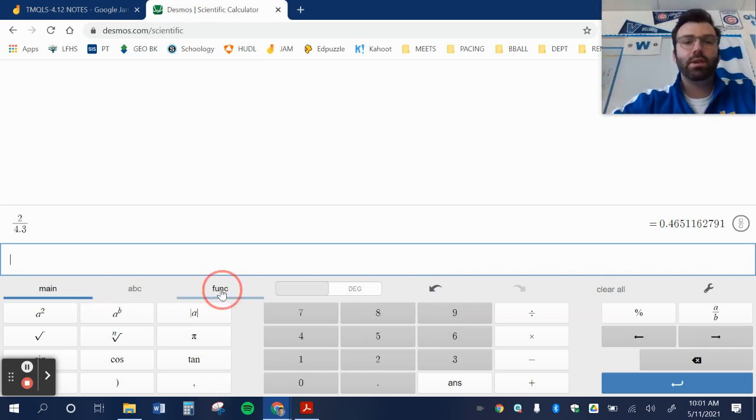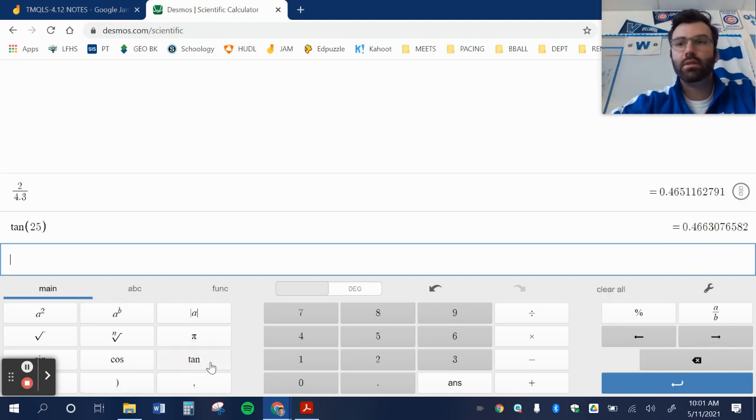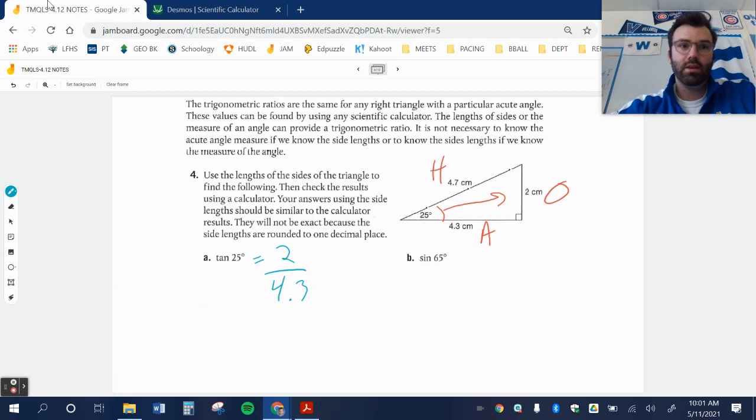Let's also click tangent of 25. They're basically the same. It's basically 0.47. So it's about the same thing.